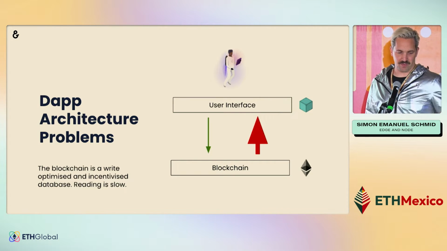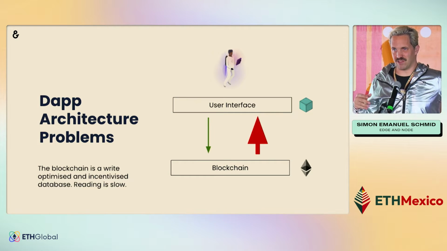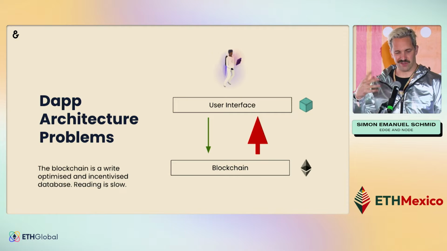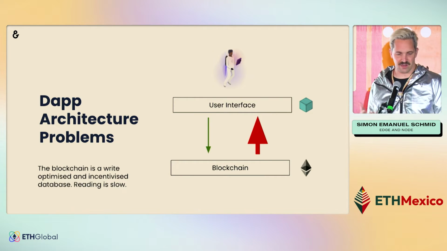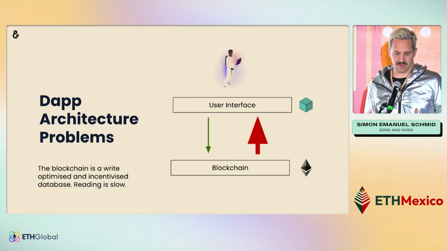But there was a problem: the blockchain by itself is write-optimized, and the JSON RPC interface that you use to interact with your node is also mostly for writing data. Reading is a bit of an afterthought. But with the modern front ends we see today, you usually read data. You want to see how the token price developed, who traded what, and what's going on. And there was not really a thing for that.